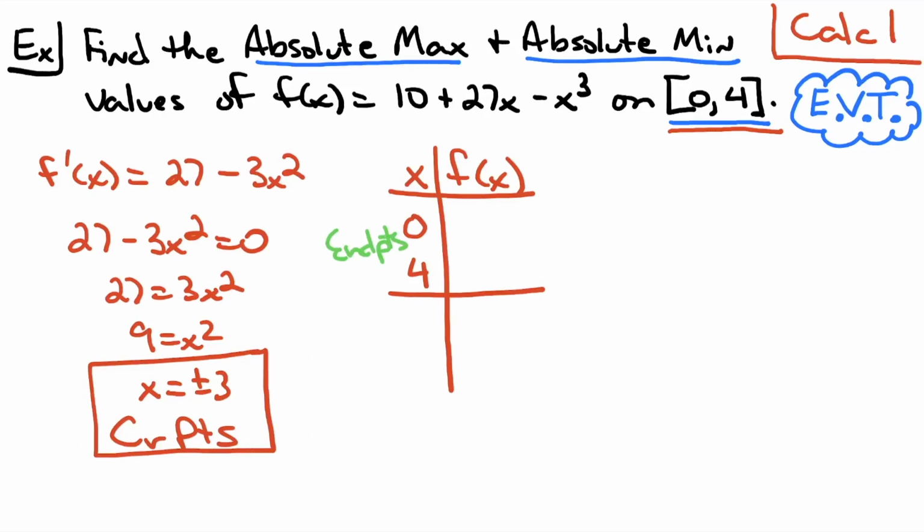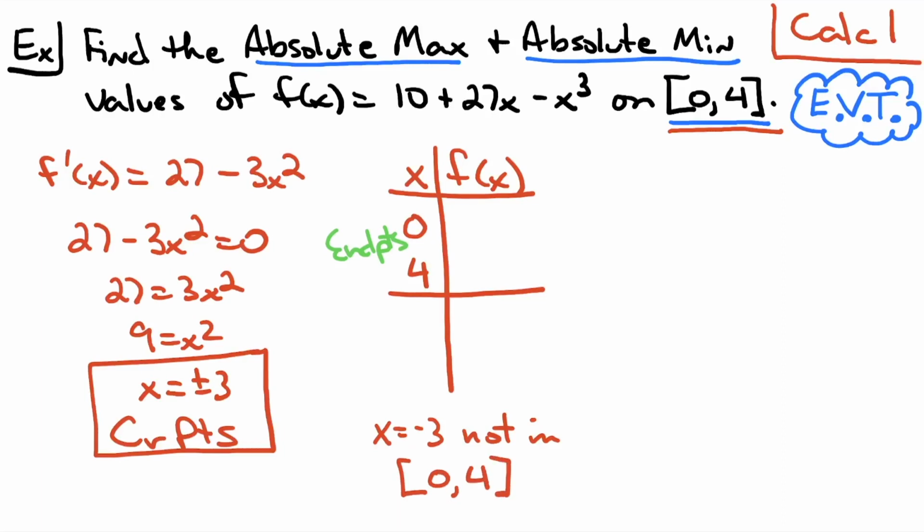Now, I also am going to plug in my critical points. Notice that I've got a plus or minus 3. Negative 3 is not in the interval. So x equals negative 3 is not in my closed interval from 0 to 4.